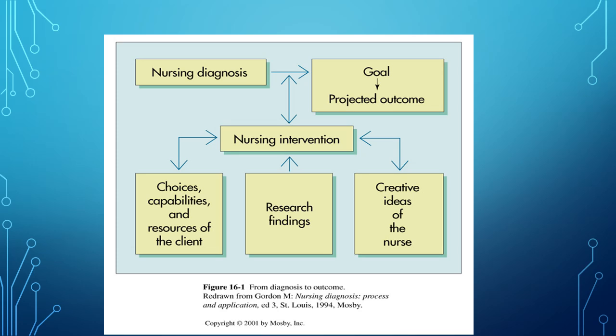Research findings should also factor in. Capabilities of our patient, choices of our patient, and the resources available to our patient should also have some determination as to how we are going to set up this plan, what goals are reasonable for them to achieve. And once those goals have been written, the nursing interventions will flow from those goals.